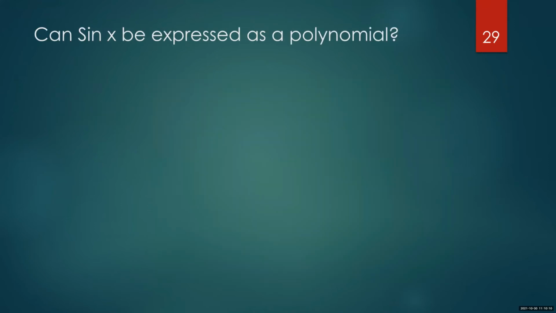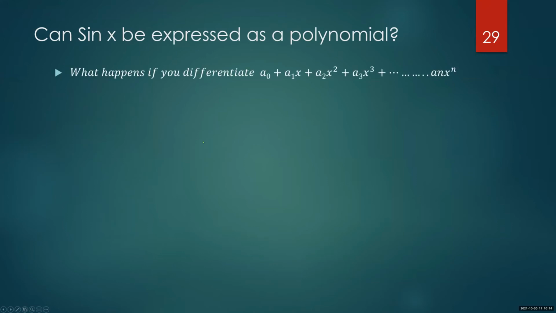So to move on, can sine of x be expressed as a polynomial? Well, let's write out a polynomial like this: a0, which is a constant, and then a1 multiplied by x, a2 multiplied by x squared, a3 multiplied by x cubed, and so on.